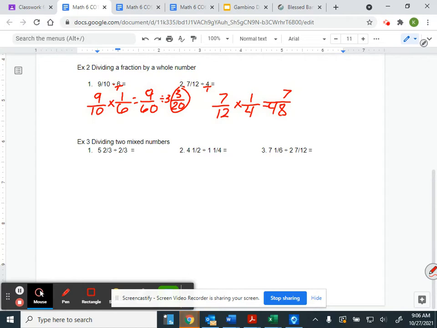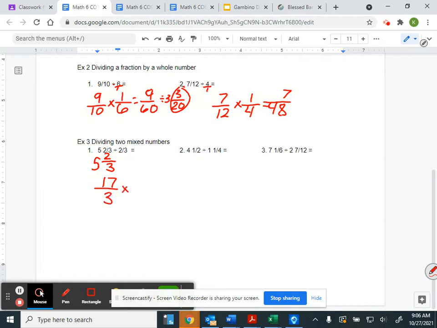Dividing two mixed numbers. Just like when we multiplied those mixed numbers, we had to turn them improper. We don't divide the whole numbers and then divide the fractions. You have to turn them improper. So 5 2/3 is going to become 3 times 5 is 15, 16, 17 thirds.